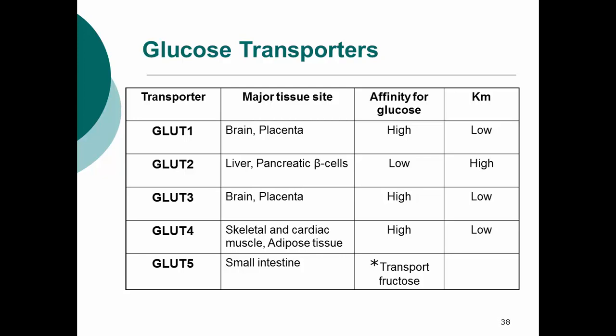And the new concept I wanted to bring in is the affinity for glucose and Km, right? These two concepts may help us to better understand why different glucose transporters can be regulated differently. Some are regulated by glucose level, and others are regulated by insulin.